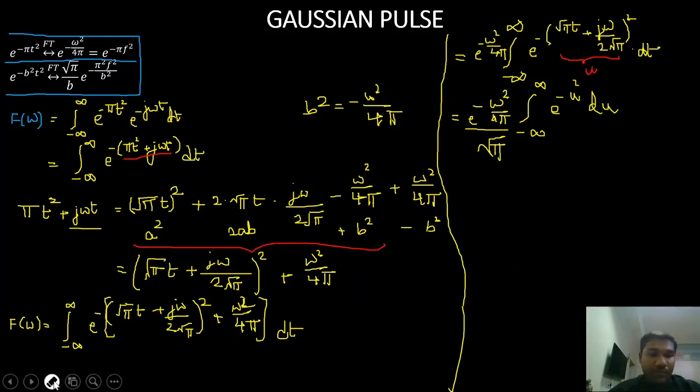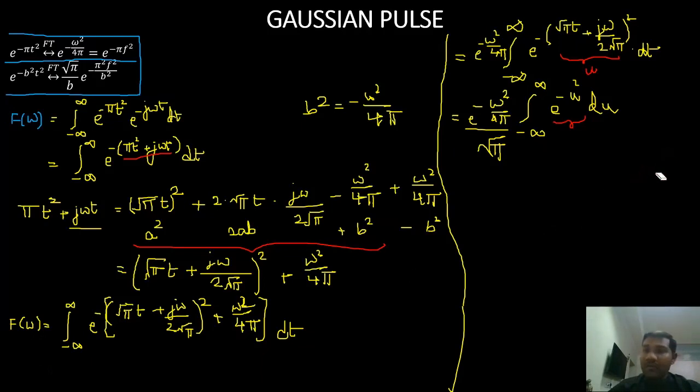Now this function inside the integral is an even function of u, right? In place of u, if you put minus u, you will get the same function. E power minus of minus u square is the same as e power minus u square. So it is an even function.